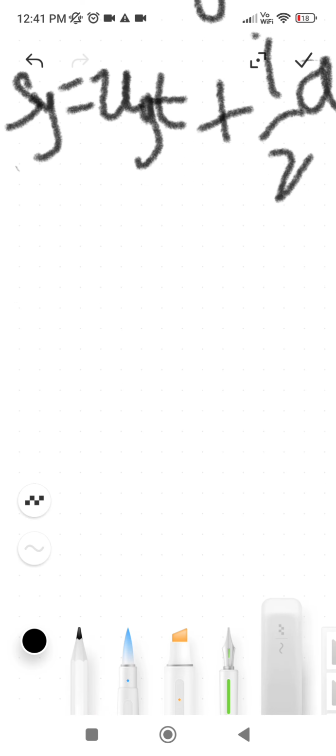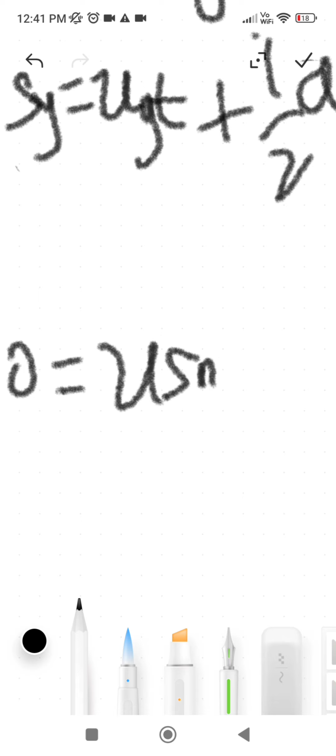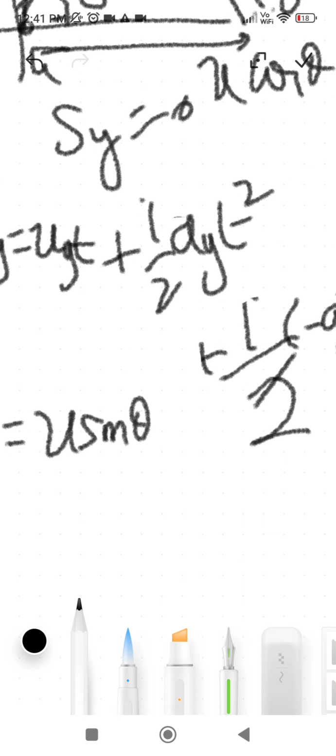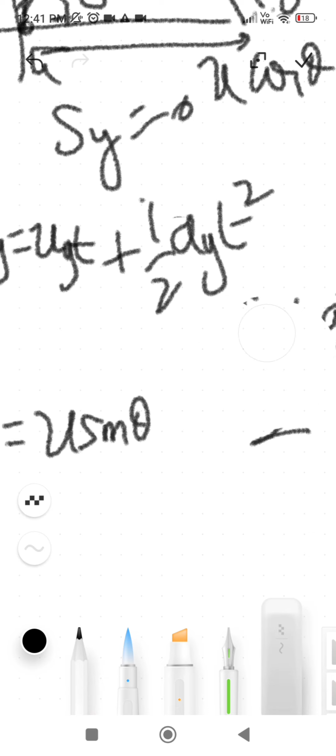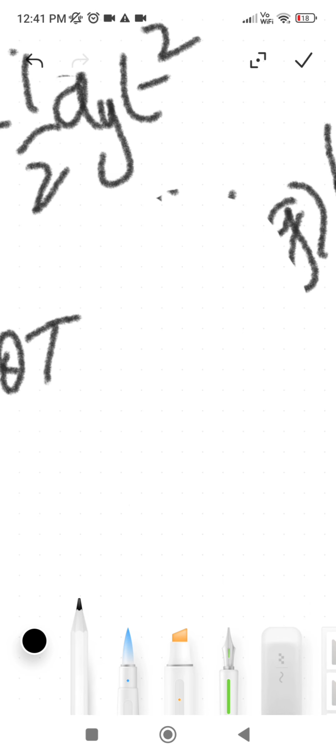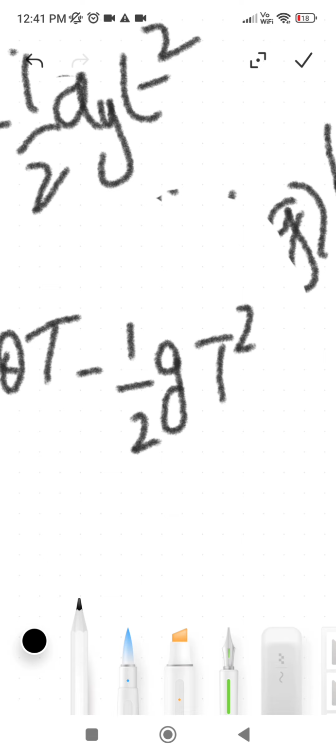So again we'll have 0 is equal to u sin theta into T plus minus half g T square.